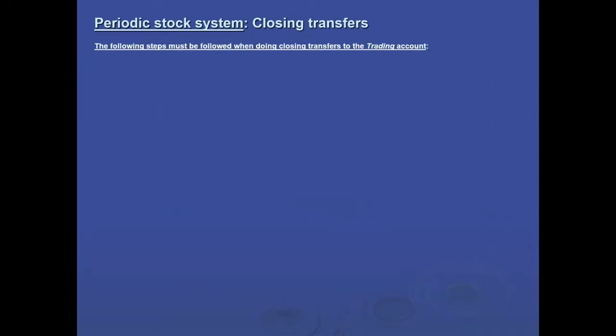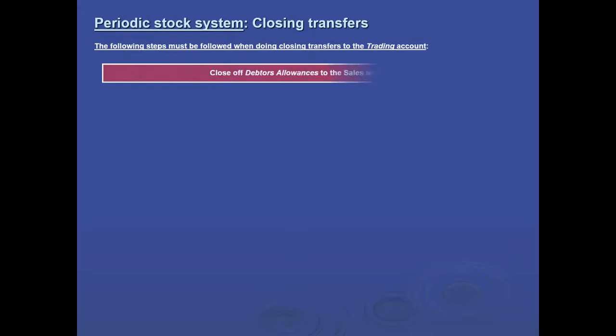The following steps must be followed when doing closing transfers to the trading account. As usual, no matter what system, we close off first the debtors allowances, which we know as a debit balance, so we will have to credit debtors allowances and debit sales to decrease sales.